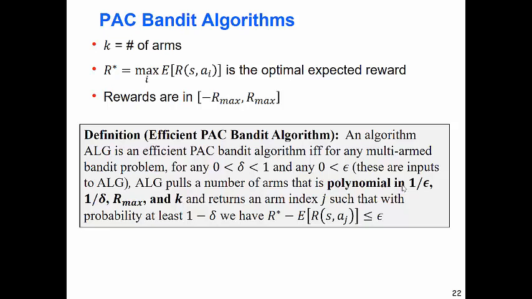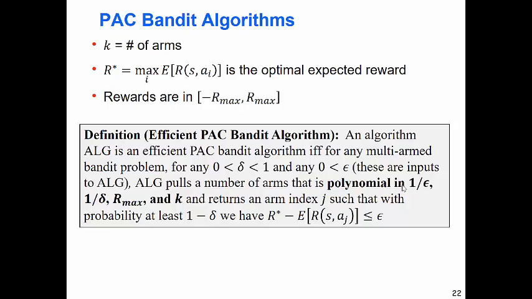Right. So if I say I want you to guarantee that with probability 0.99999, you give me an approximately good arm, compared to I want you to guarantee with probability 0.5 that you give me an approximately good arm, it's much harder to get the 0.999, and that means you're going to have to do a lot more arm pulling to be sure that you're going to return something within that guarantee. Right?